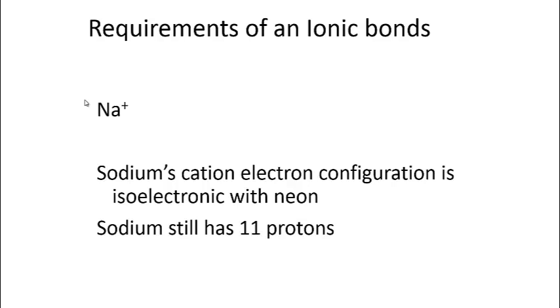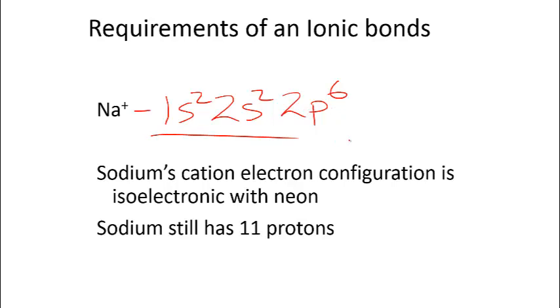After sodium loses its 3s electron, we can now write the electron configuration for sodium's cation as follows: 1s2, 2s2, 2p6. So sodium's cation electron configuration is isoelectronic with neon.